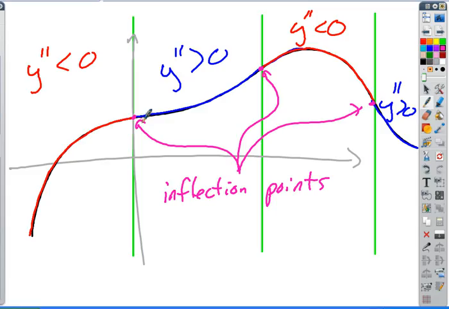We find the critical numbers of the second derivative, and what do we do with those critical numbers? We test them, just like we did with the critical numbers of the first derivative. We test them to see if they represent sign changes of the second derivative. If they do, they're inflection points. If they don't, they're not. Okay, the best way to do this is just look at some examples.